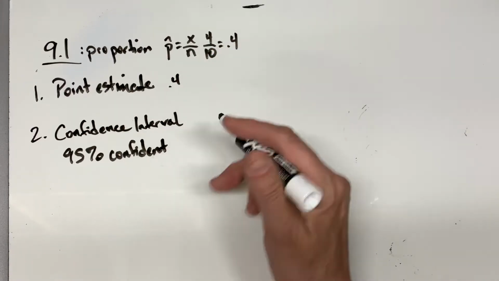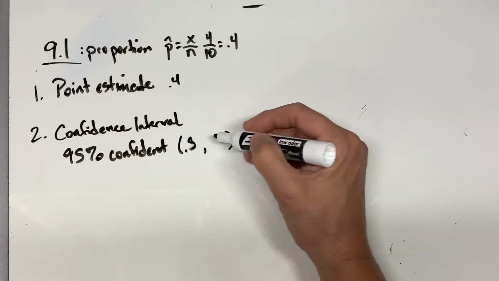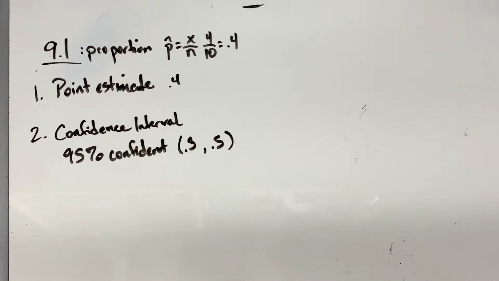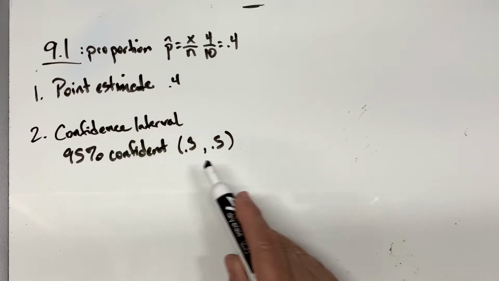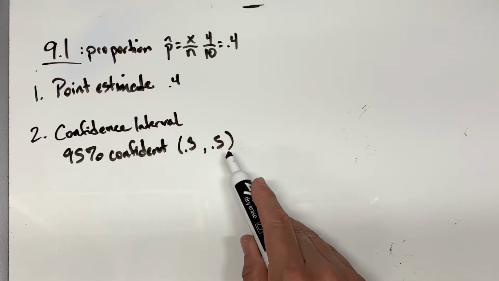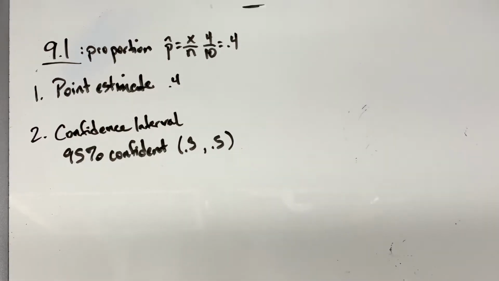I'm 95% confident that it would fall in this range of, let's say, 0.3 to 0.5. So there were 3 things we needed for a confidence interval: our level of confidence, which in this case is 95%, the lower limit, and the upper limit. And our point estimate would be right in the center of that.